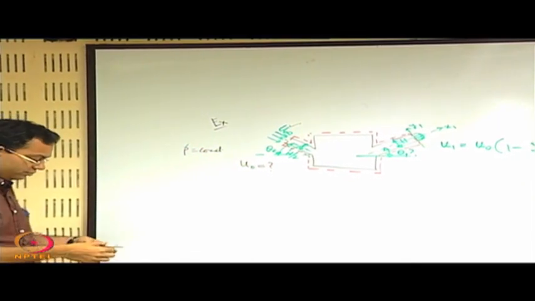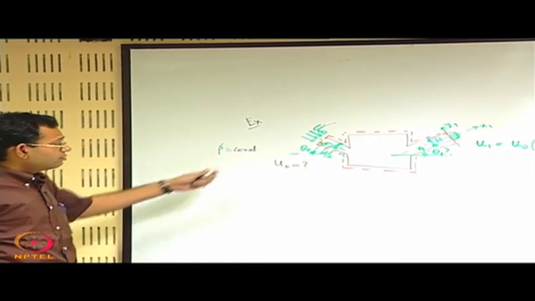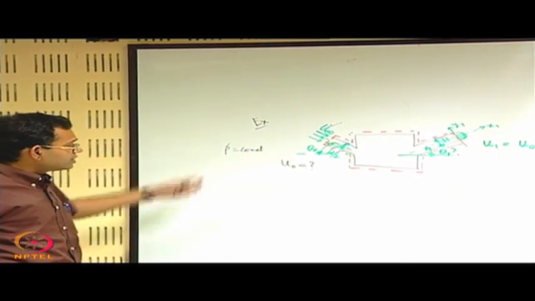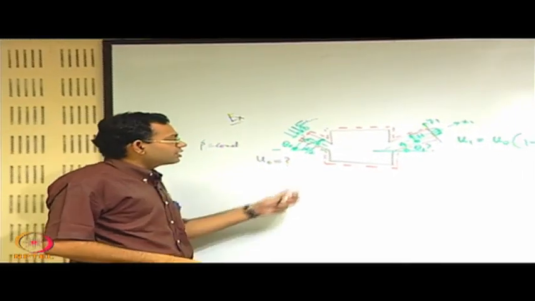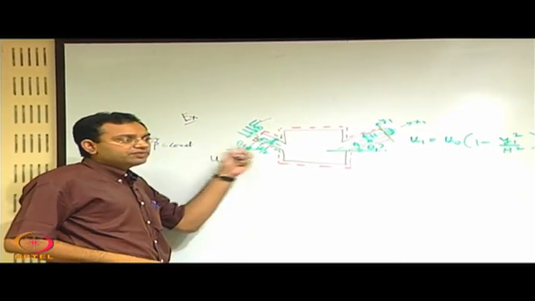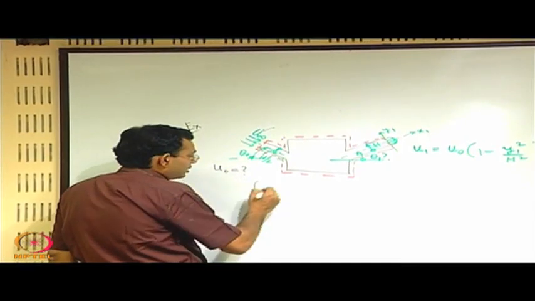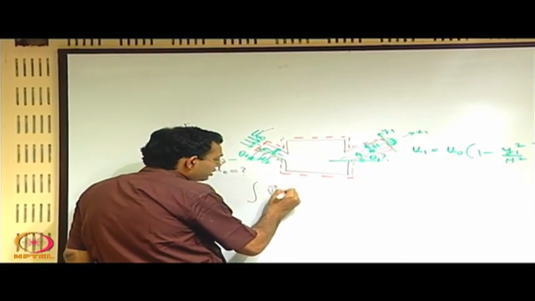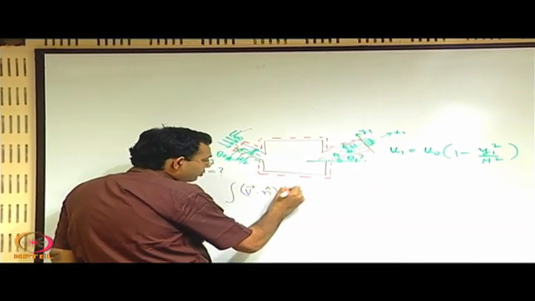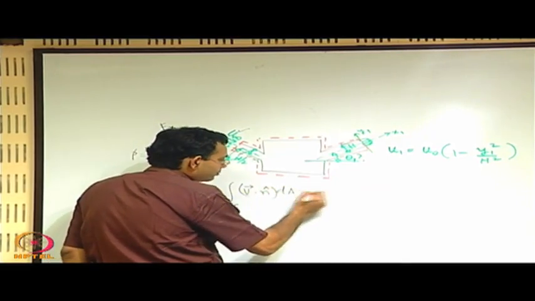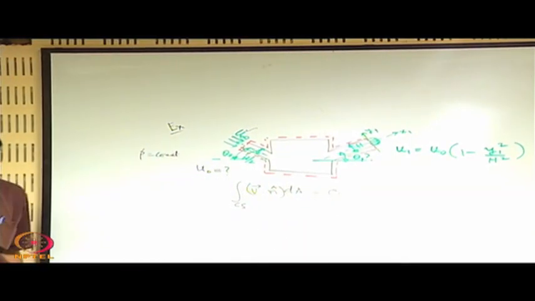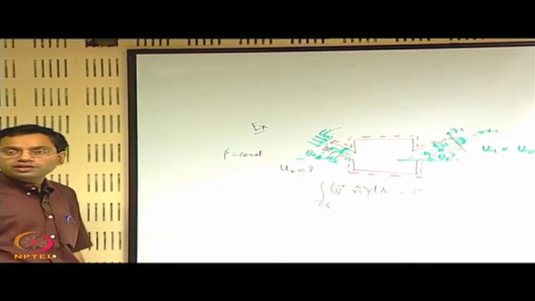If you want to write that, then because rho is a constant, again it will boil down to a case very similar to the previous one, where eventually it will be integral of v dot n dA over the control surface equal to 0. The remaining terms will not be relevant. So, this is the only term that is relevant.